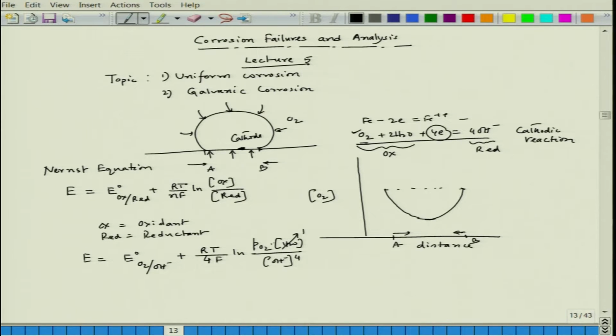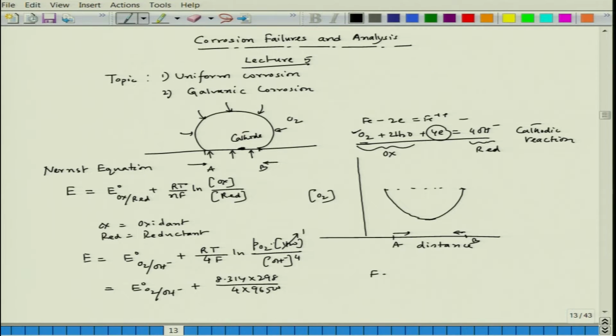Now, if we see this equation, E naught O2/OH minus plus, you can write, let us say, 8.314 into 298 Kelvin over 4 into 96500.